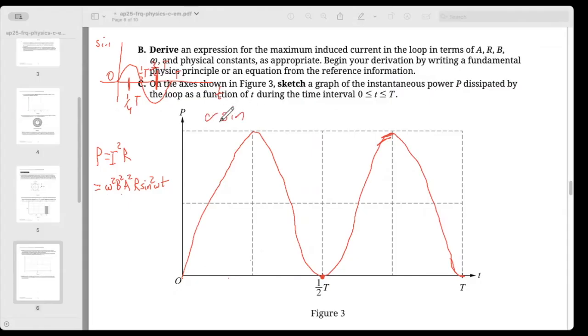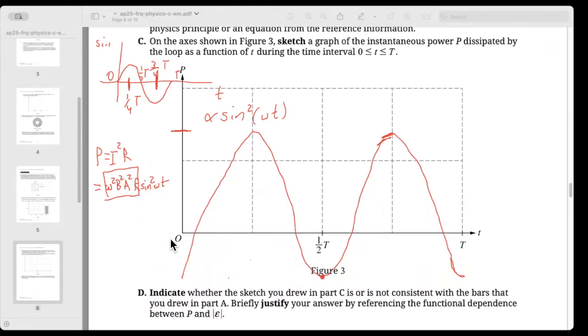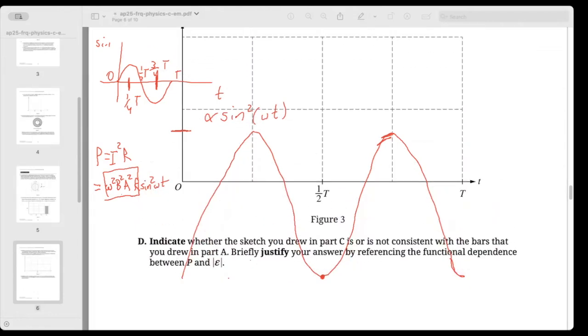It should be proportional to sine squared of omega t, and your maximum value for power should just be everything out front here. Indicate why your sketch is consistent. Briefly justify your answer. Yes, it is consistent.